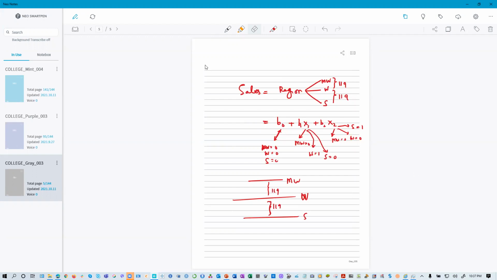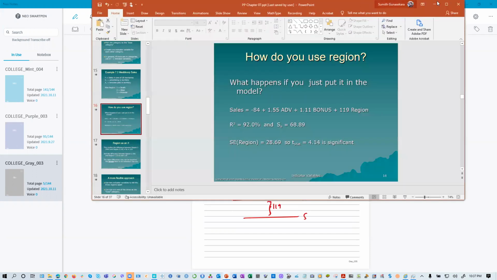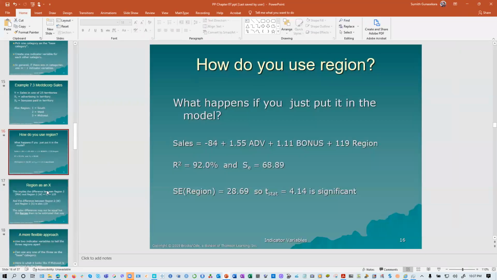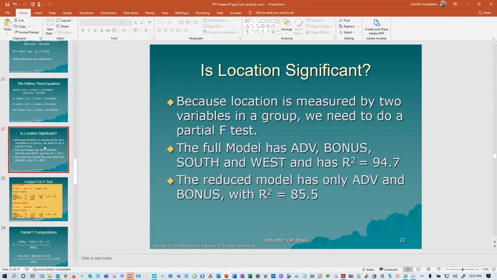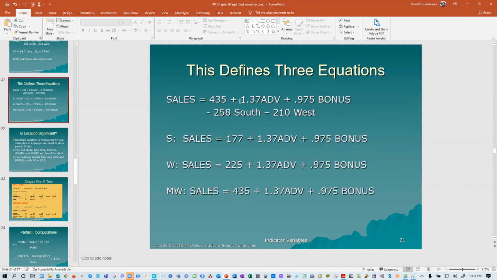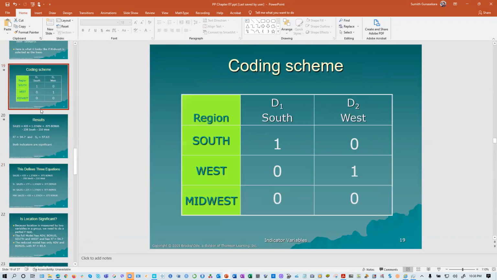So rather than interpreting that one and then getting this value, see, look at that sales. You got the form. If you know the South, what are you going to plug in for this one? Not for that guy. I'm sorry, this equation.